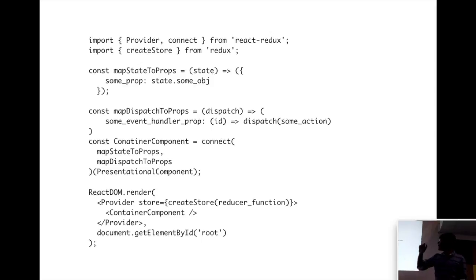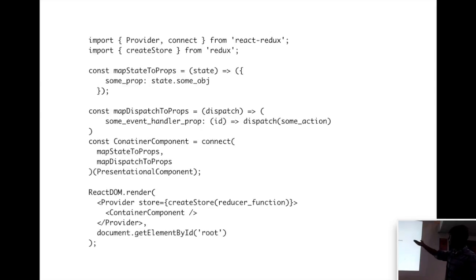Like I told you, you don't have to worry about the store. You will get the state from the store available in the map state to props, and there is a dispatch function in the store, right? You don't have to worry about that either, because that will be available to the map dispatch to props. All you have to do is write your methods inside that so that they can use dispatch to dispatch actions, and you can get data from state through the map state to props.